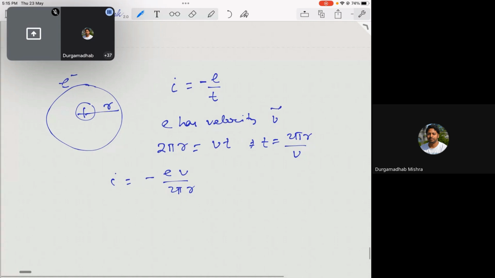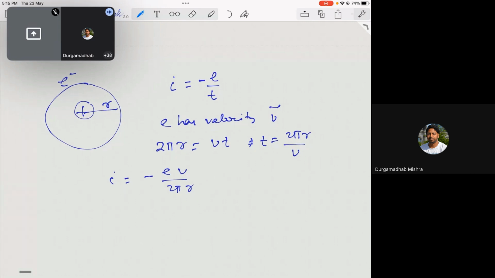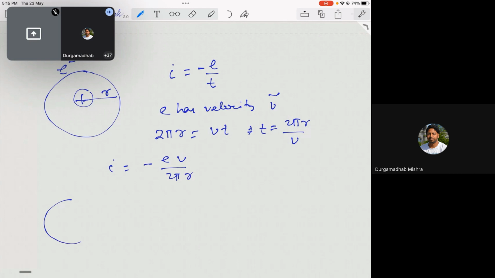Now, what is the magnetic moment produced due to this kind of circular motion? If I have a wire with a current I, the magnetic moment is simply equal to I into the area. The area of this circular path is pi r squared.